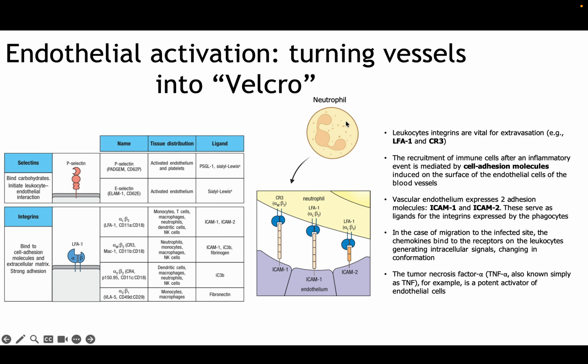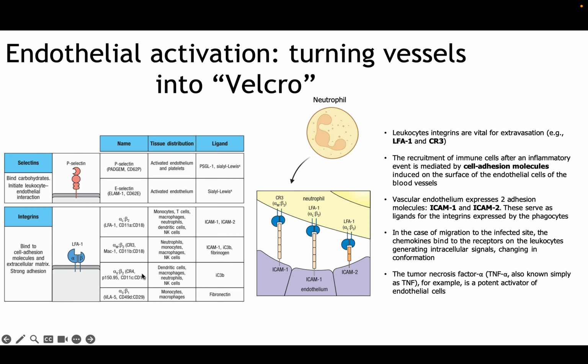And of course, neutrophils, by tumor necrosis factor, TNF alpha, or other signals, for example CXCL8 or interleukin 8, are caused to upregulate their own type of receptors, like these integrins, which come in multiple types. They're basically made of alpha and beta proteins, and it's just different combinations.